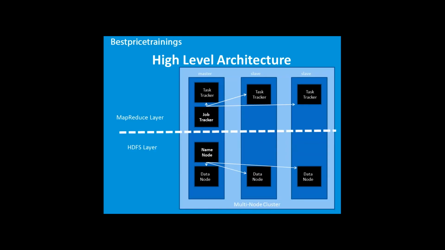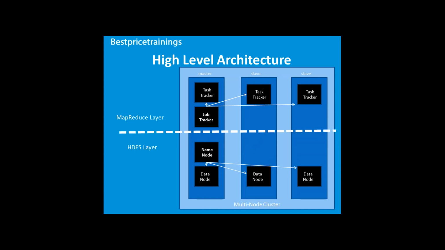Moving forward, if we check out the high-level architecture of this Hadoop environment, it consists of two different layers. One is your DFS layer, that is the Hadoop Distributed File System, and another one is the MapReduce layer.